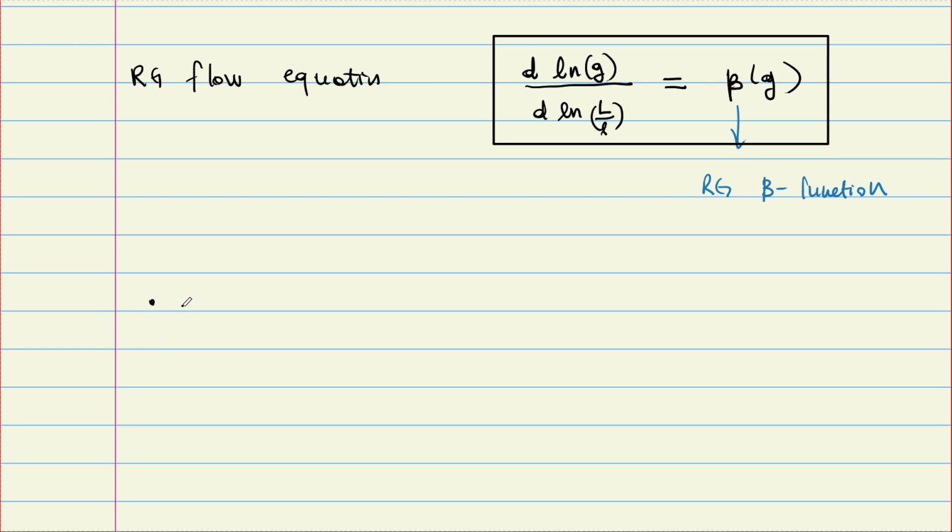Let's consider a good metal limit, and in a good metal g is logarithmically large, right? It's a very large quantity, and if g is very large, Ohm's law applies, and in Ohm's law we have g equal to sigma times L to the d minus 2.